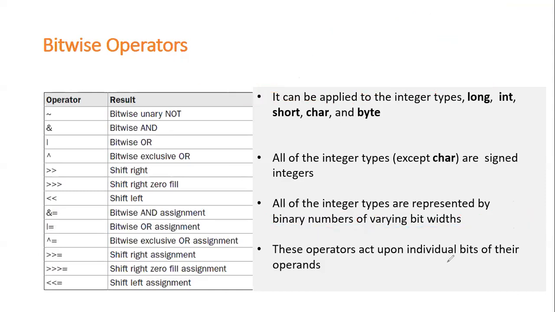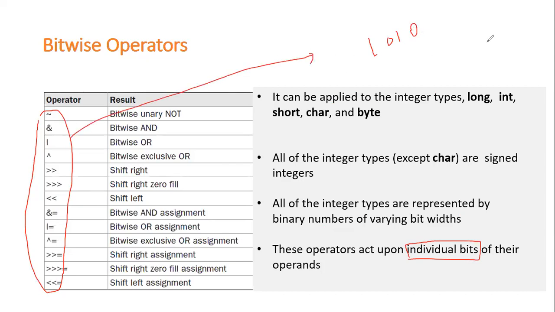Now these operators act upon individual bits. All these operators act upon individual bits. That is, suppose 1, 0, 1, 0: this individual bit, this individual bit, this individual bit, this individual bit. Using these operators, I can perform operations on these individual bits.